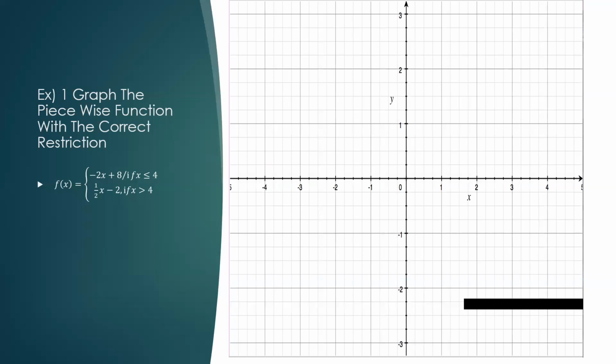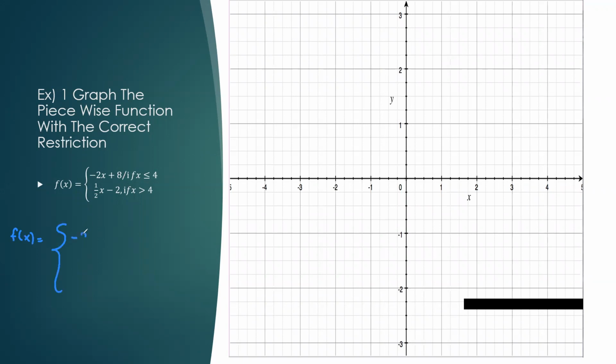Let's graph example 1. Graph the piecewise function with the correct restriction. So we have f of x. Let me write this better, it's hard to write it on here. We have two functions.